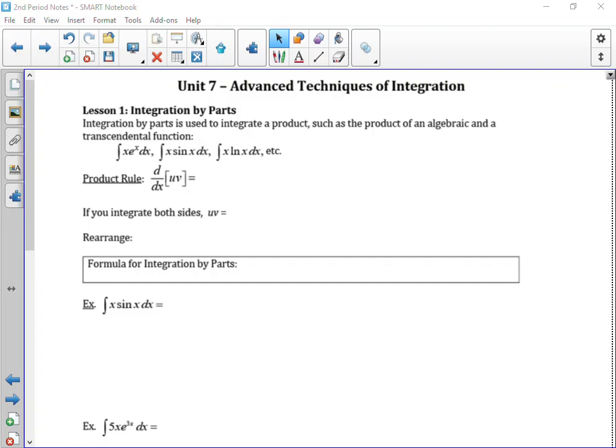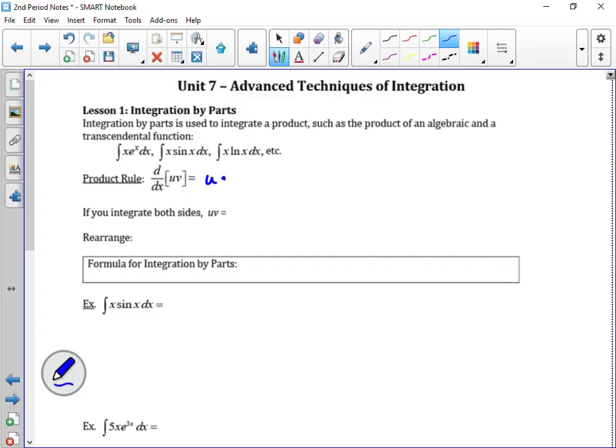But this is where integration by parts comes from. We're going to start with just doing normal product rule. If I take the derivative of uv, then I'm going to have u dv, right? U times the derivative of v plus v times the derivative of u, right? Does that make sense to everybody?